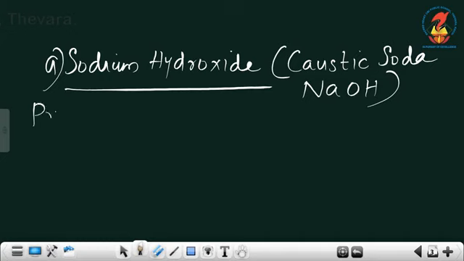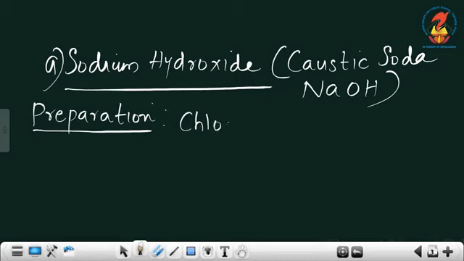Now let's see how it is prepared. First is preparation. How is sodium hydroxide prepared? The process of manufacture of sodium hydroxide is known as the chlor-alkali process.